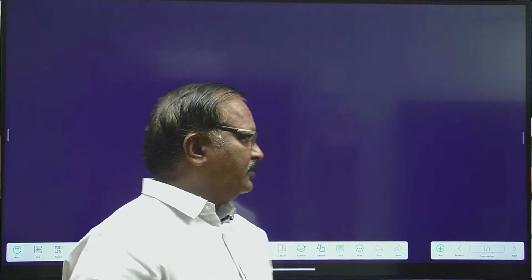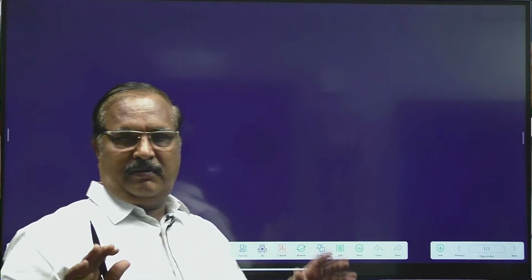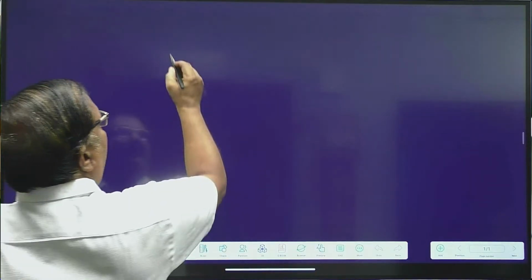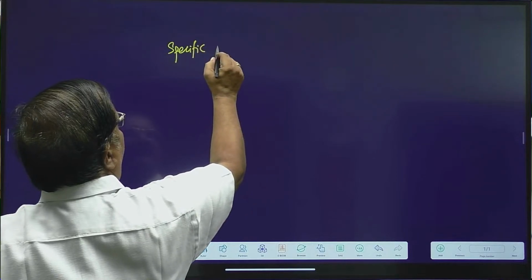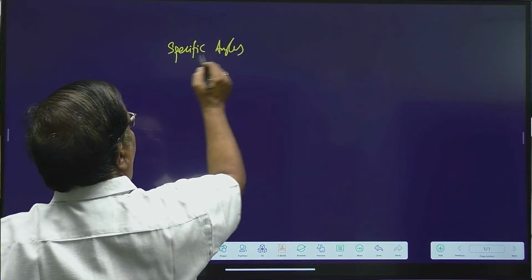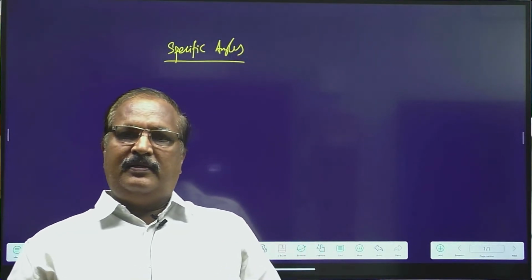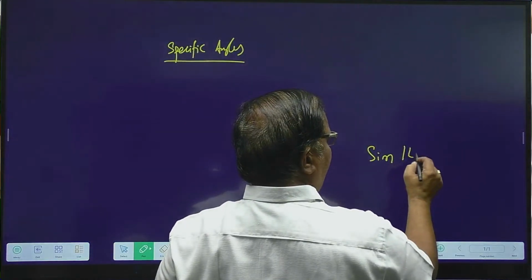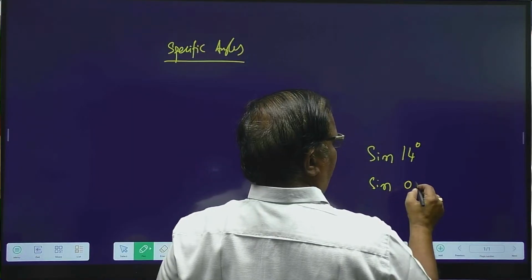Now trigonometric angles. We have learned till now only general information, general trigonometric ratios. Now trigonometric ratios of specific angles, not all the angles. If you take the scientific calculator, you can have sine 14 degrees, sine 9 degrees.